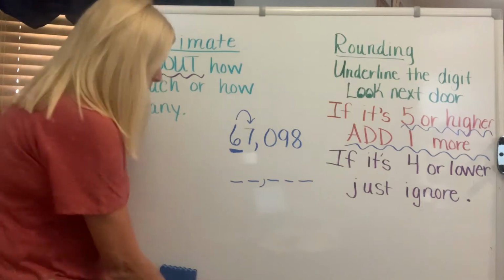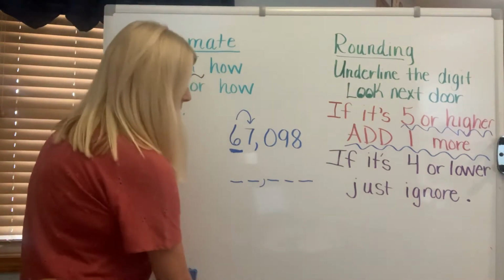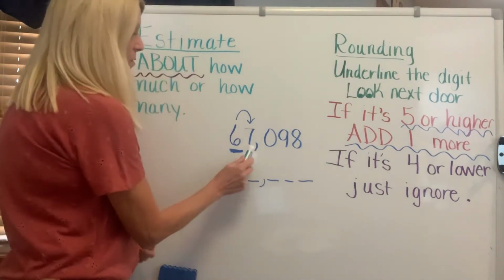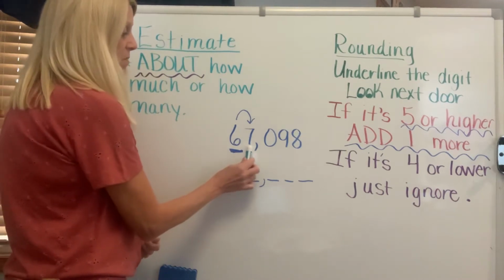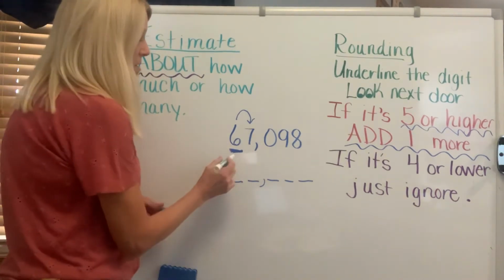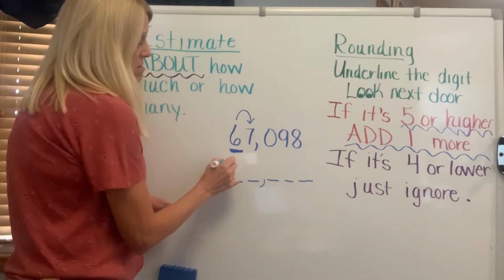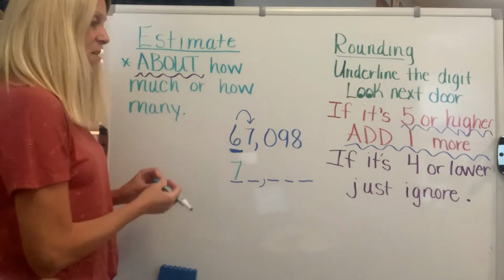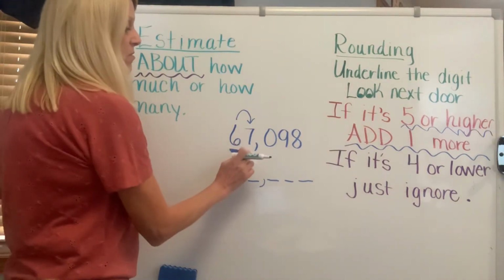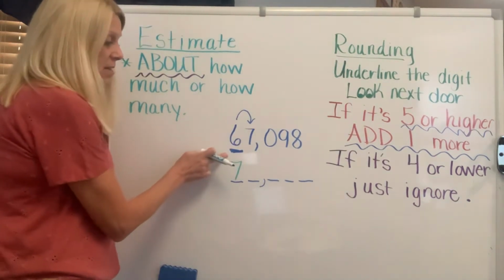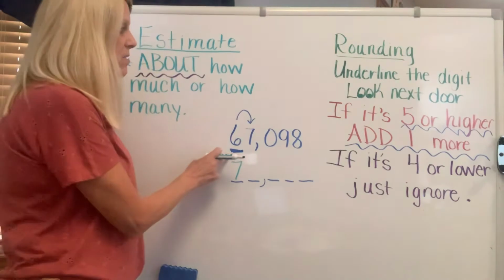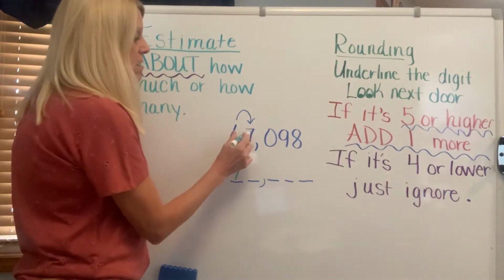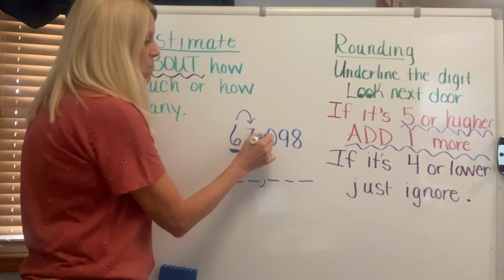Okay, so if I add 1 to the 6, the 7 tells me the 6 is going to add one more. It becomes a 7. Now, everything to the right of the digit that I'm rounding is going to zap to zeros.